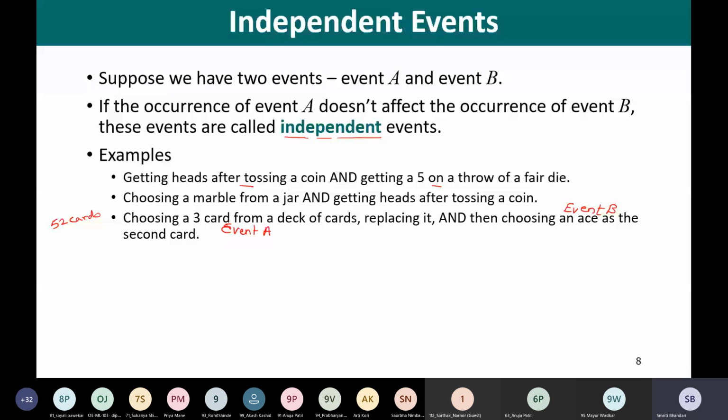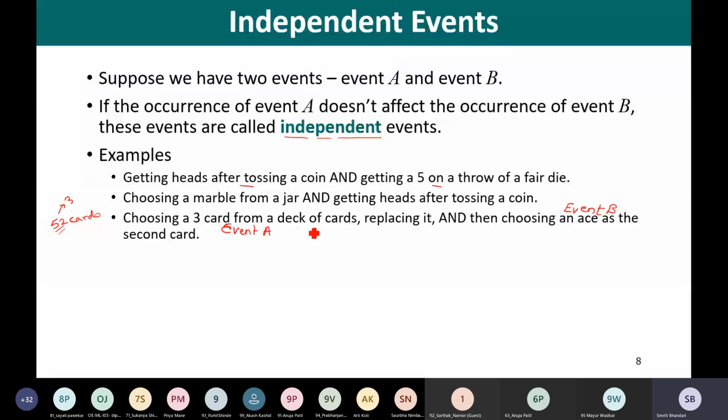See, what is my first event? My first event is choosing a 3 card from a deck of cards. Right? So I have 52 cards and out of these 52 cards, I'll be selecting a card number 3. We have 4 suits, so I'll have 4 cards that are 3s.